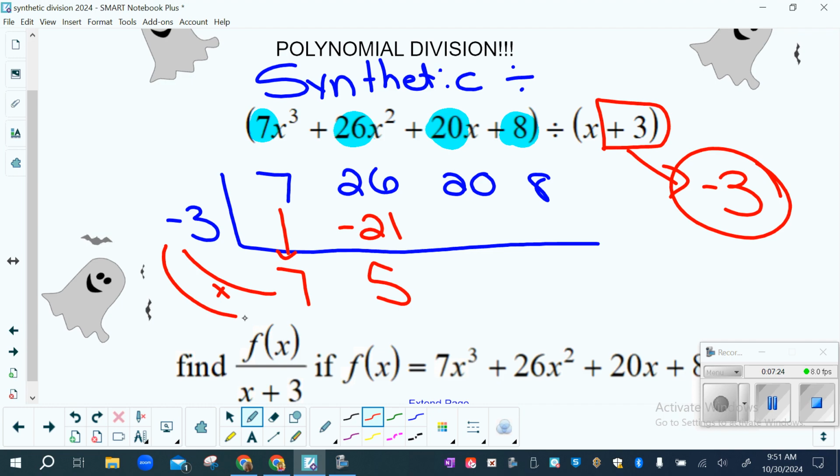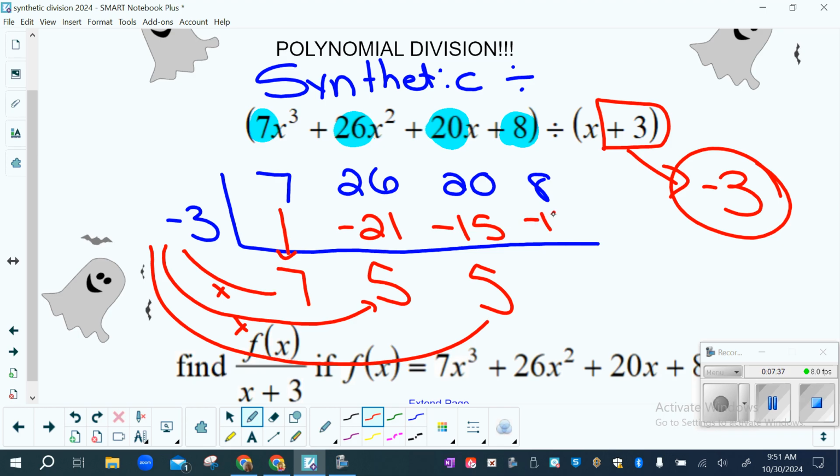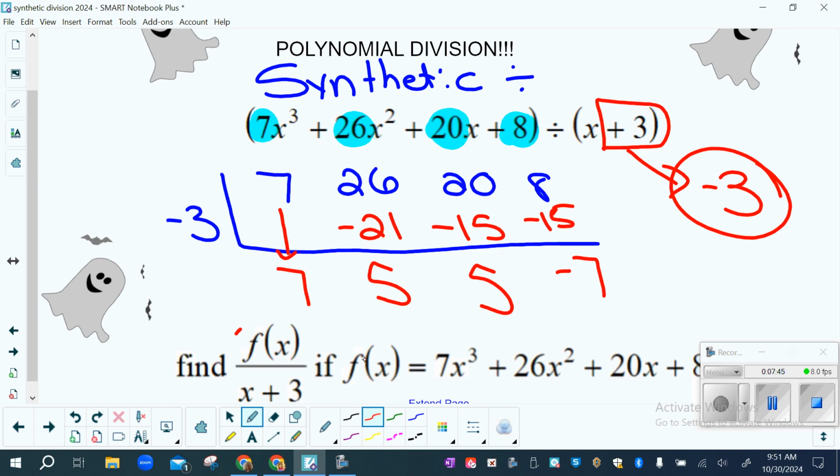And then we multiply. And then we add them up. And guess what? The math is over. You are done with the math.